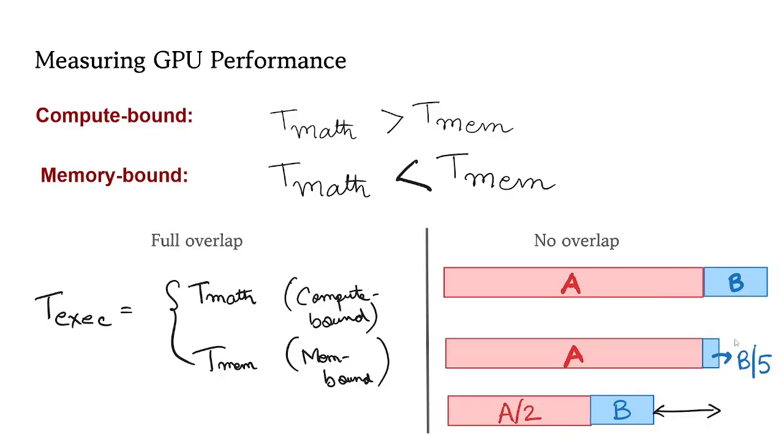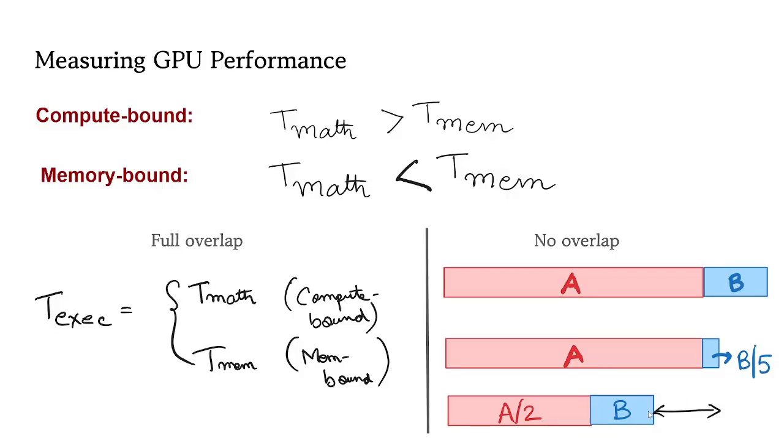If I made the math computation faster by 5 times by, let's say, having a faster processor, overall it wouldn't change the execution time of the algorithm as much as, on the other hand, if I decrease the memory accesses by half and don't change the math computation time here.